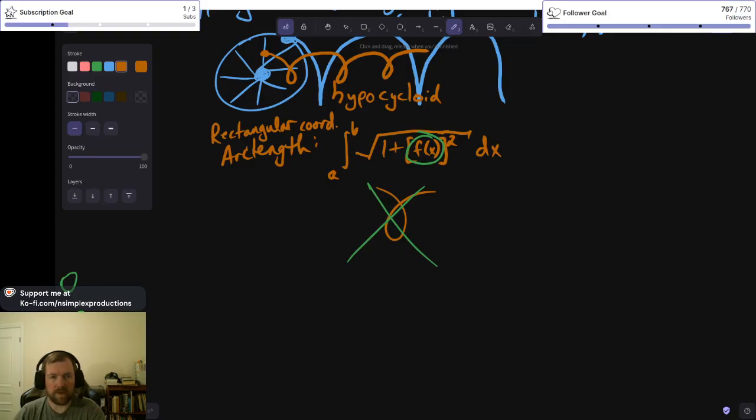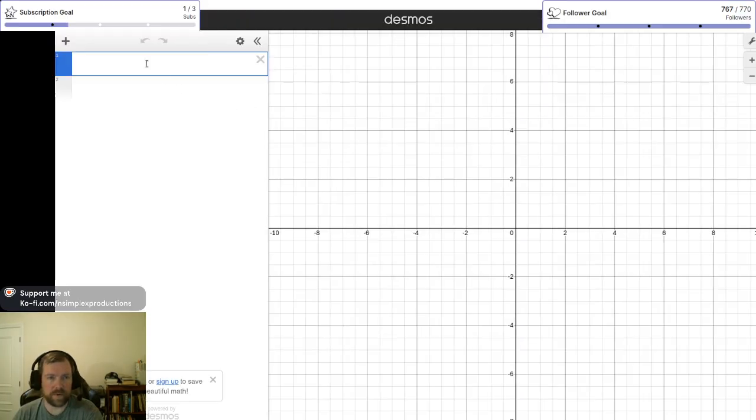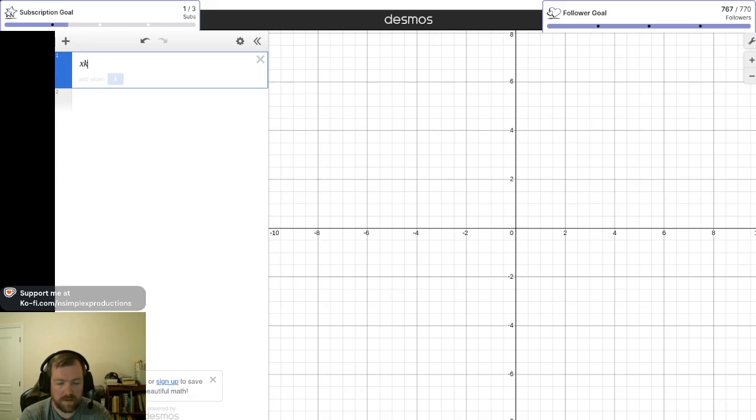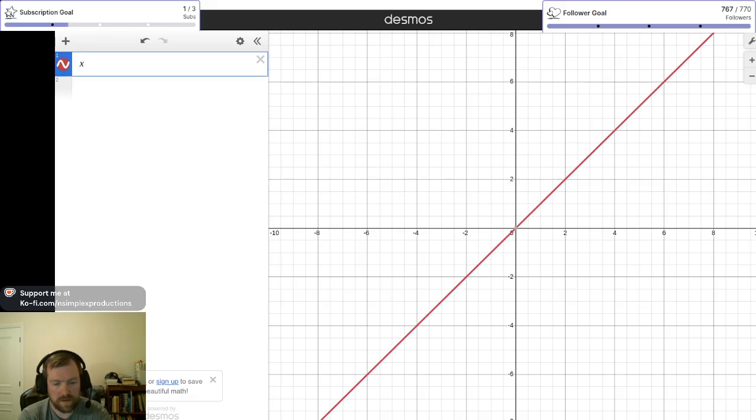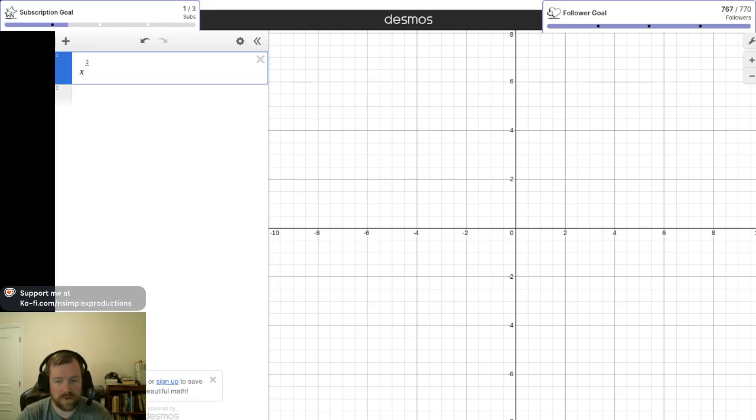So one thing we can do is check Desmos real quick and just graph it. X to the 2/3 plus y to the 2/3 equals 1. Yeah.